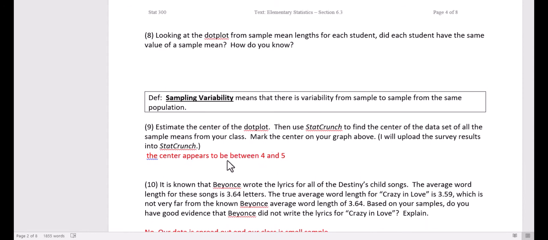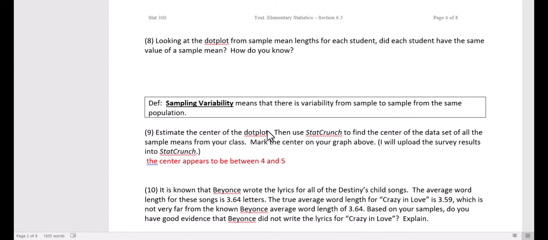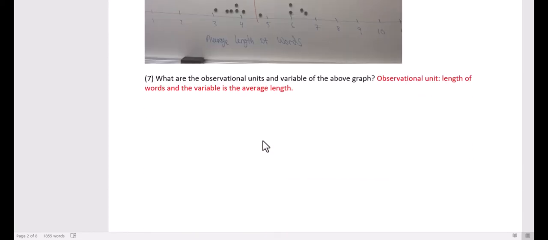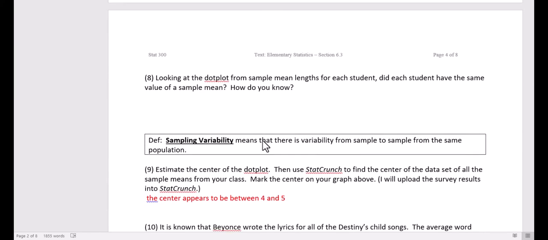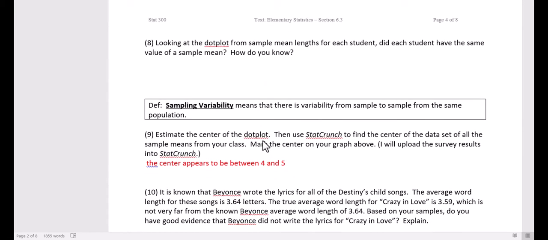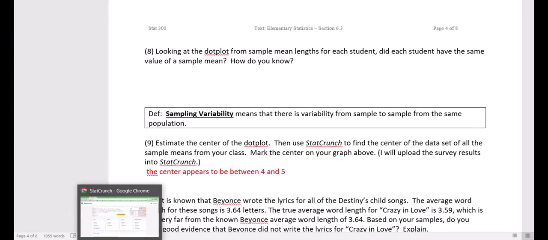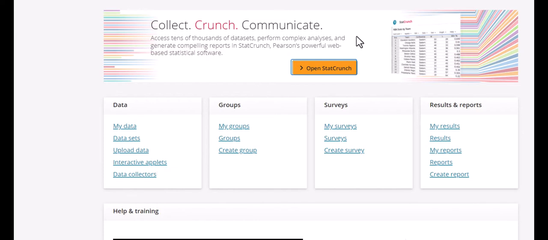So the center, we said, appears to be between 4 and 5. And then once I graphed it here, we put 4.66. So we're going to go on StatCrunch and find the data there. When you're on the home page, log on.